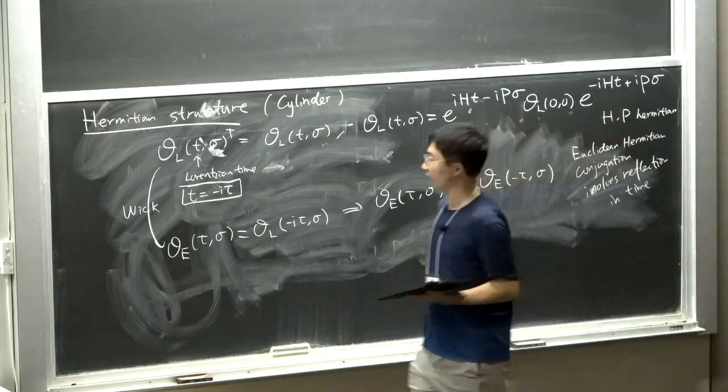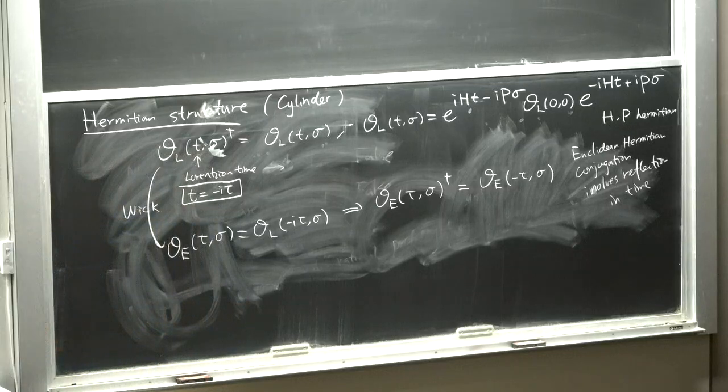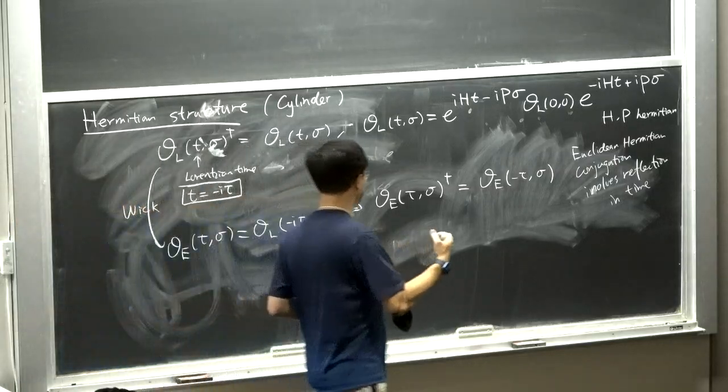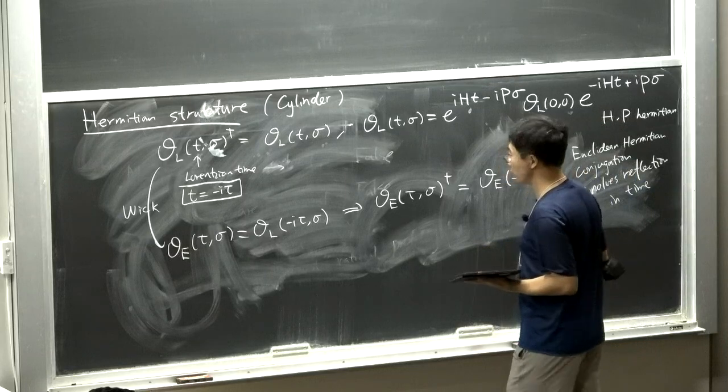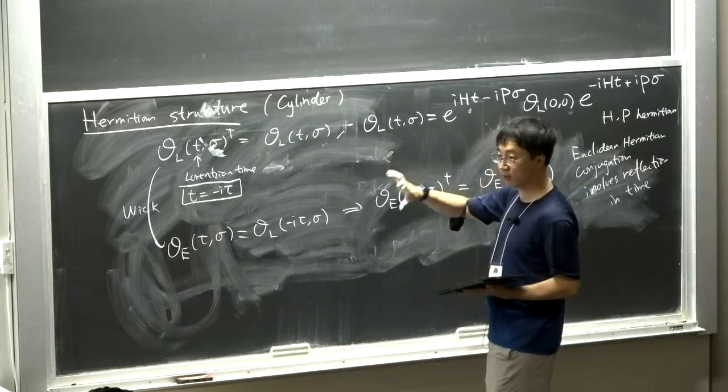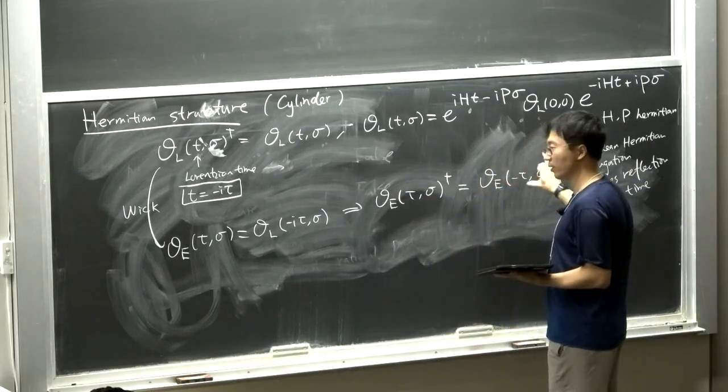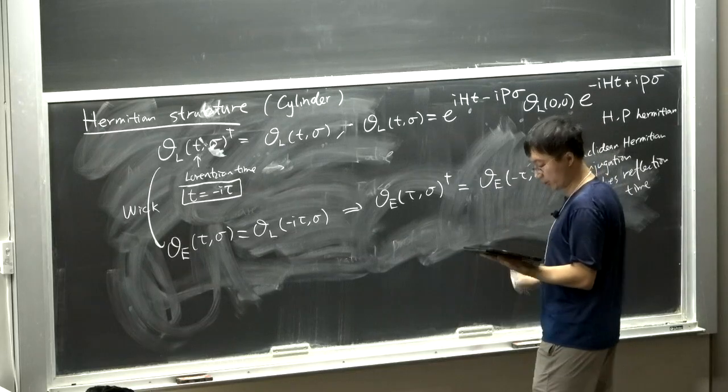And using the relation between the cylinder and the plane by a Weyl transformation, and the fact that conformal symmetry is a combination of the change of coordinates and the Weyl transformation, one can deduce that for the operator on the plane, there's a similar Hermitian conjugation.